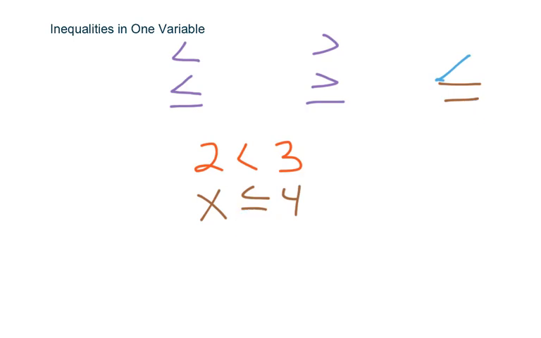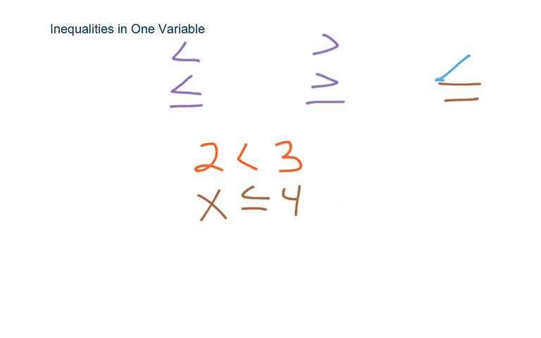So we have less than or equal to, and then you could read it the other way: 4 is greater than or equal to X. So it's really just one symbol. And most of the time we read from left to right because that's the direction of the number line and that's the direction of the English language.